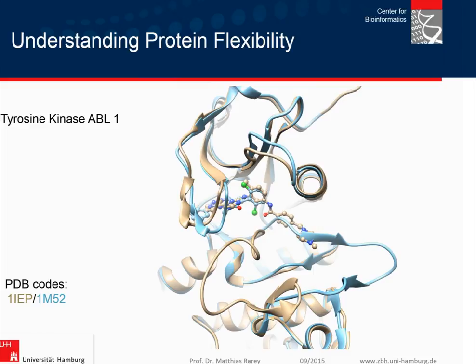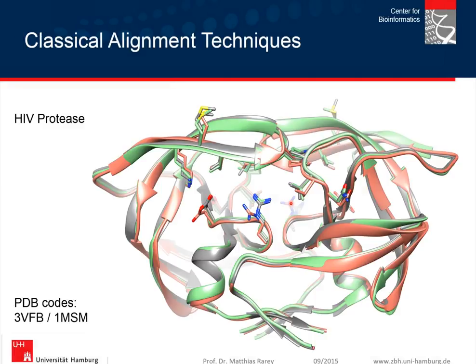We start with a very simple example. This is HIV protease, a target which many of you might know. If you have a look at HIV protease, you directly see that this is a homodimer. When you work with the homodimer, you obviously have two possibilities for how to align them while looking at the sequence. The sequence doesn't tell you whether to do it in one or the other direction, because the two sequences the protein consists of are identical.